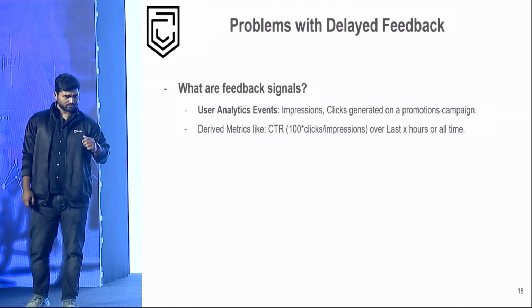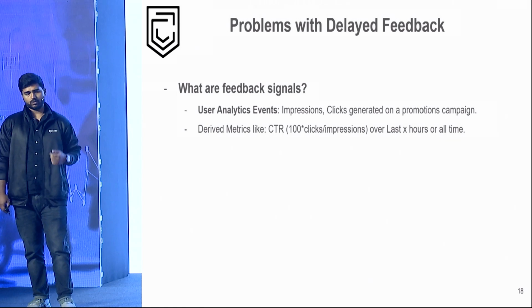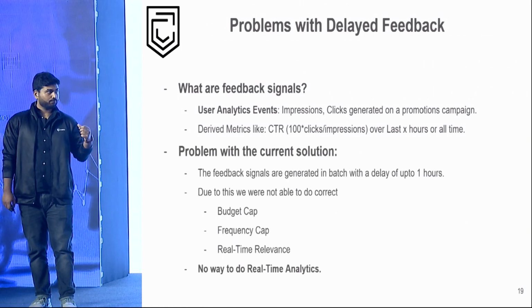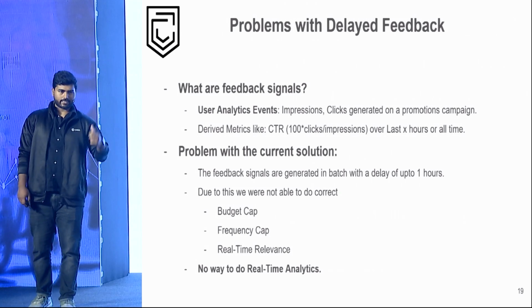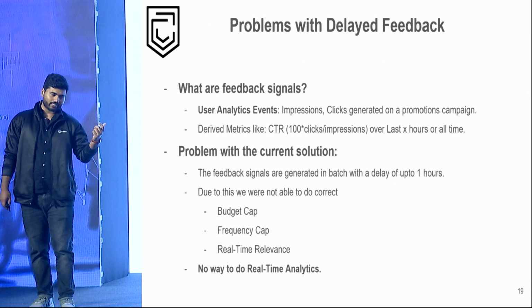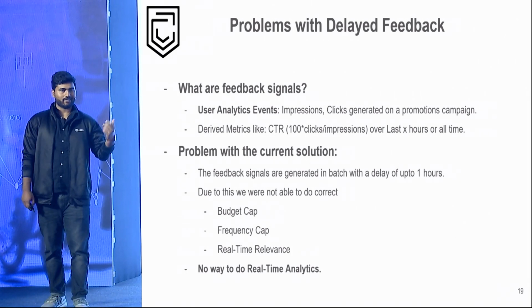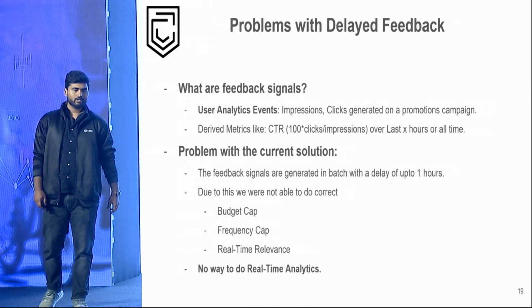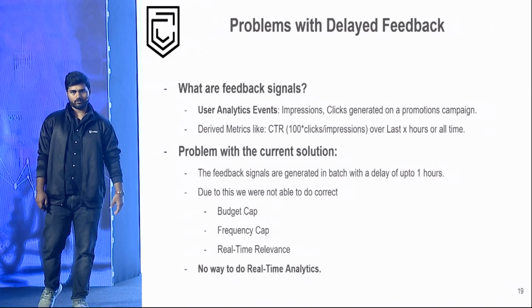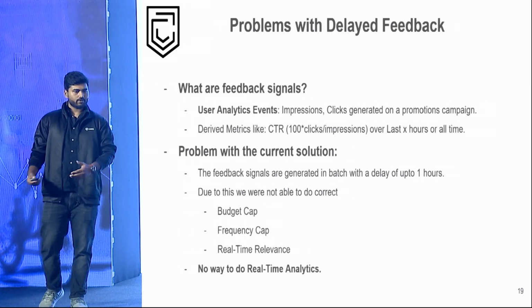That basically helps the system to correct itself, generate reports, and a lot of other things. The problem with the current solution at that stage was that we were on batch. It took at least an hour to process. With that kind of frequency, you can't do any effective budget cap, frequency cap, or real-time relevance checks, and it just hampers the way you can actually use the promotion stack to deliver better results for your users as well as the system.